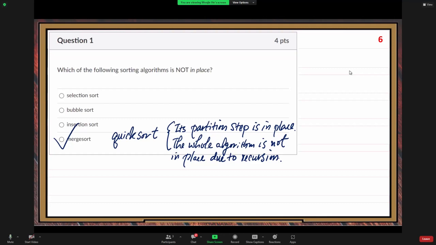Or, remember, we use some other methods to avoid a deep stack. So that may not be easy. So in general, recursive algorithms, we don't treat them as in-place algorithms. Okay, all right.